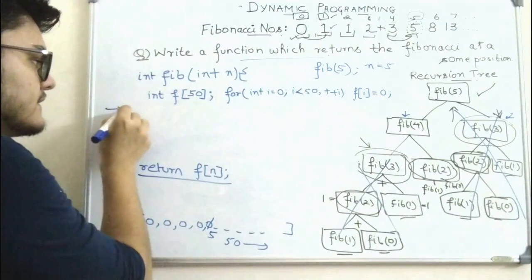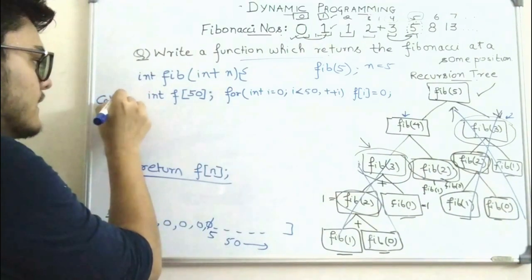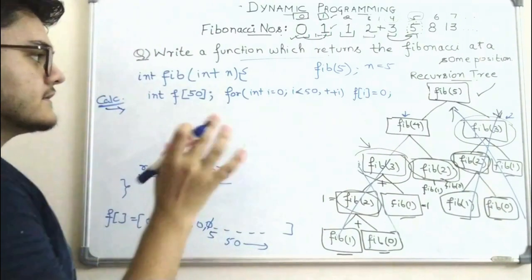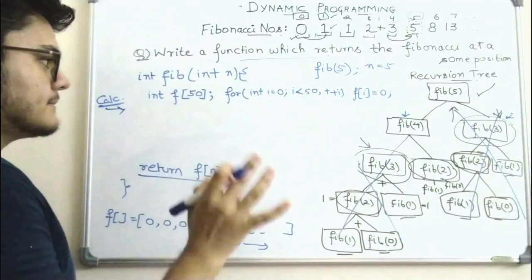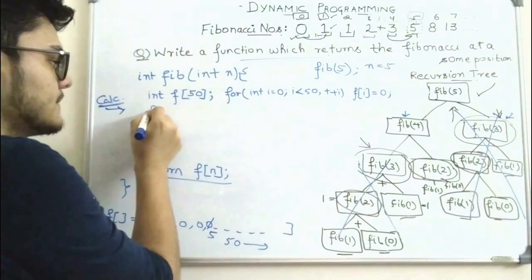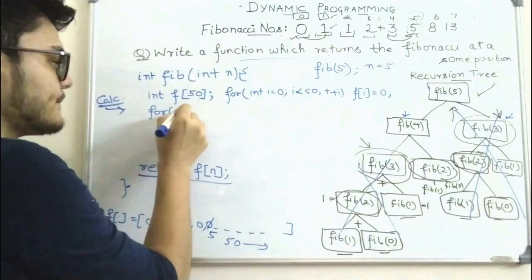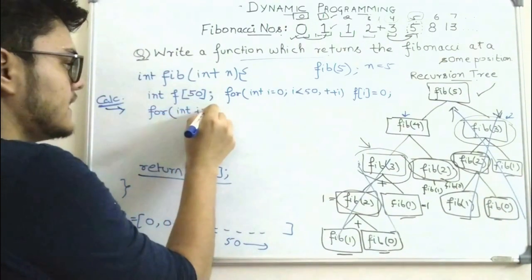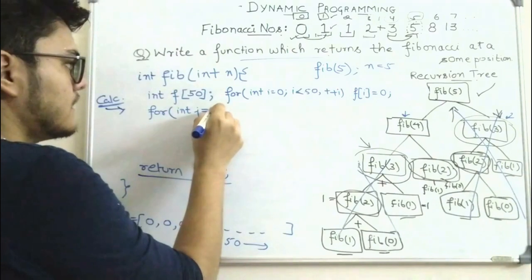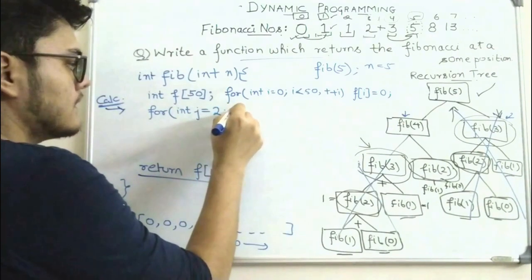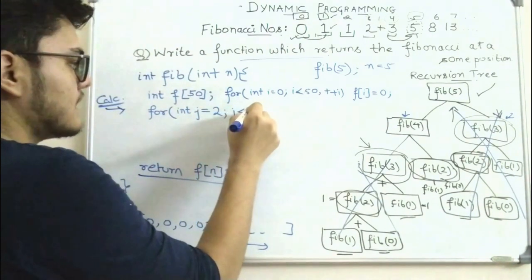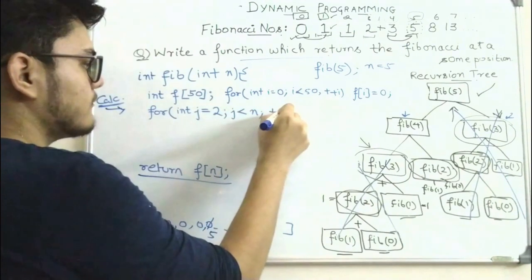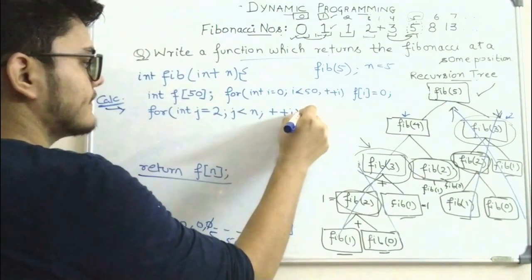So now let's write the calculations. Here I am going to calculate the Fibonacci number at any particular position. For that I am going to use a for loop which will run from int j equals 2, j less than or equal to n, and we are going to increment the value of j.